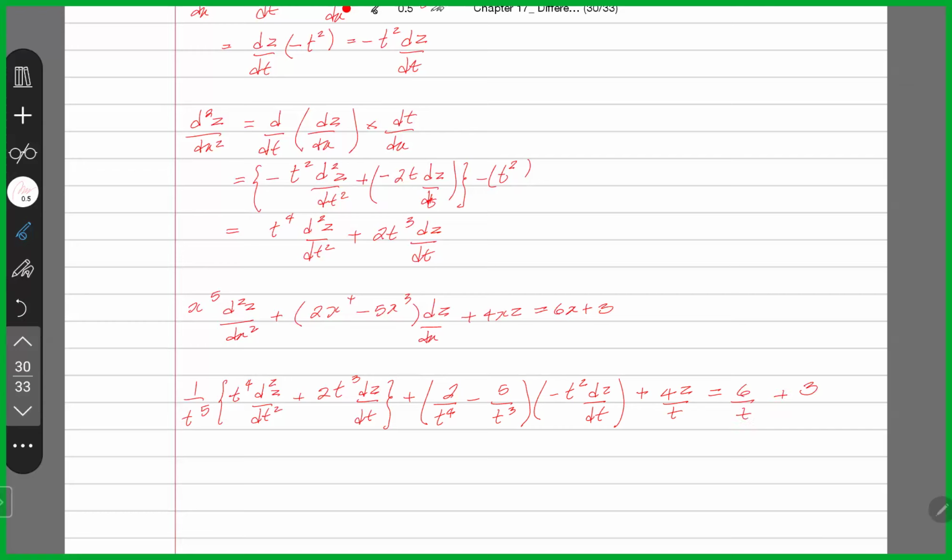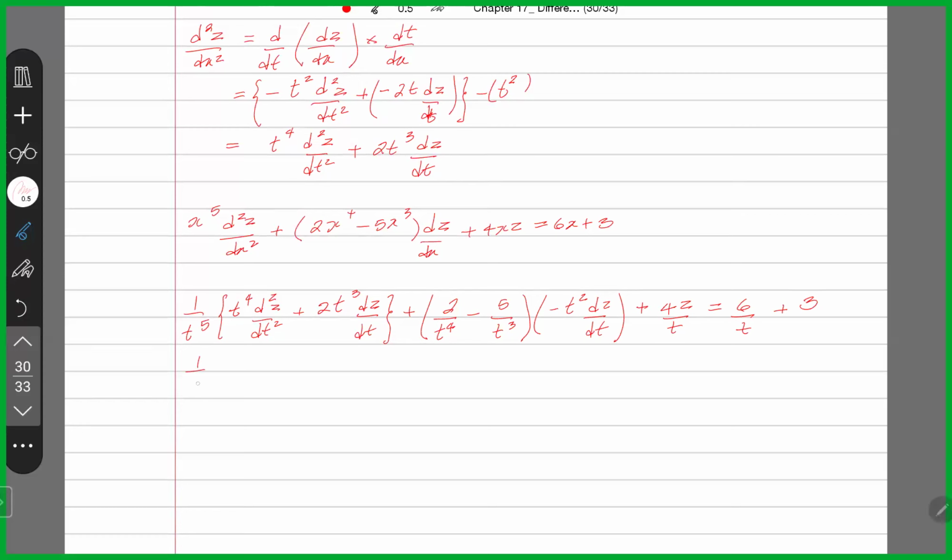All right, so let's expand to the right. We get 1 over t d2z by dt squared plus 2 over t squared dz by dt. Negative times a positive is a negative, and we get 2 over t squared dz by dt.